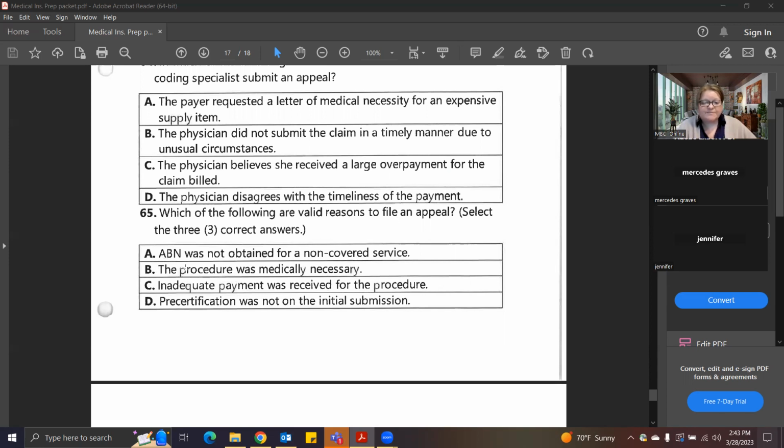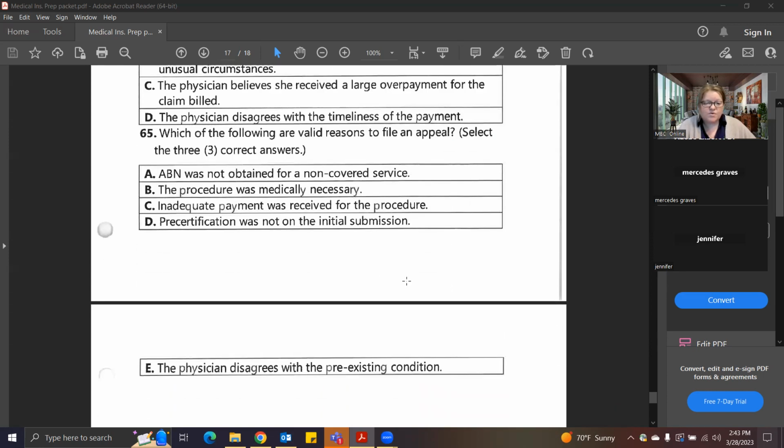All right. B, the procedure was medically necessary. C, inadequate payment was received for the procedure. D, pre-certification was not on the initial submission. Or E, the physician disagrees with the pre-existing condition.